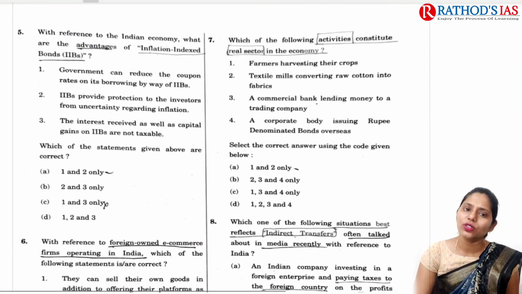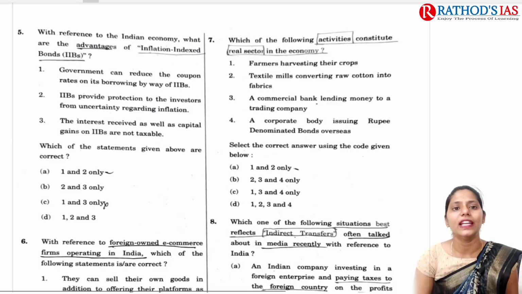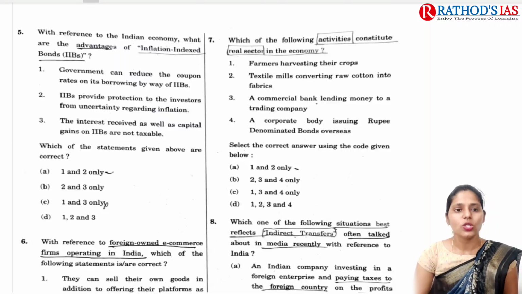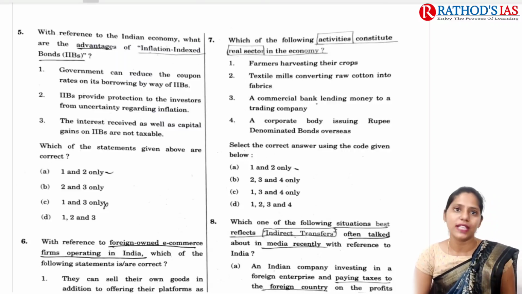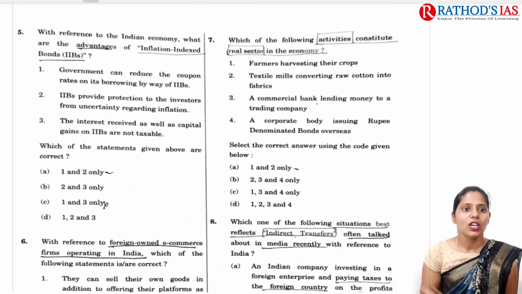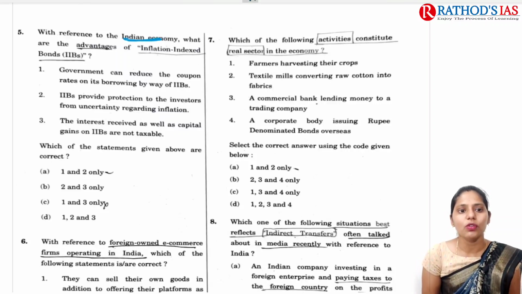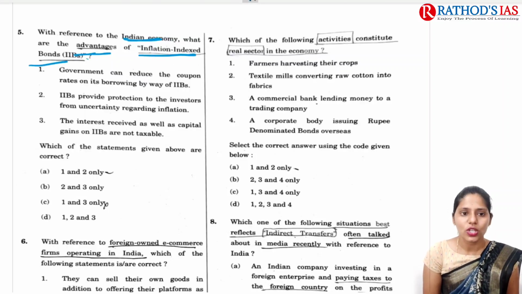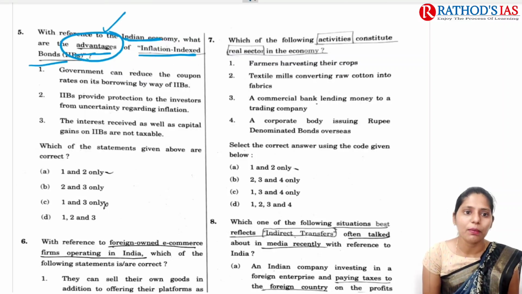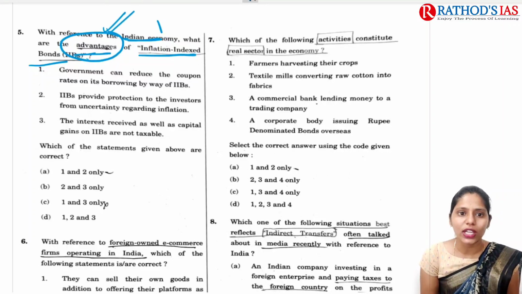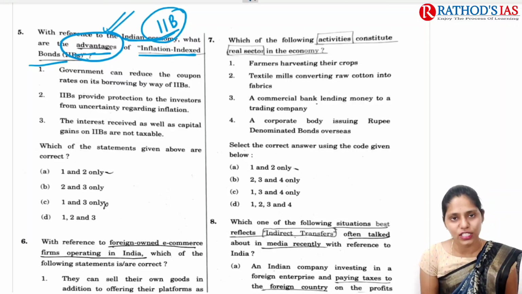And now let us see the next question, that is regarding inflation indexed bonds. This topic is from the static syllabus of your economy. So with reference to the Indian economy, what are the advantages of these inflation indexed bonds? This question is only asking about advantages. If you're talking about inflation indexed bonds, they are also called credit indexed bonds.